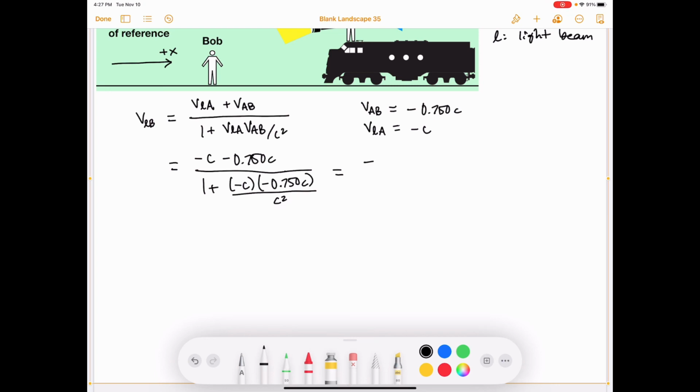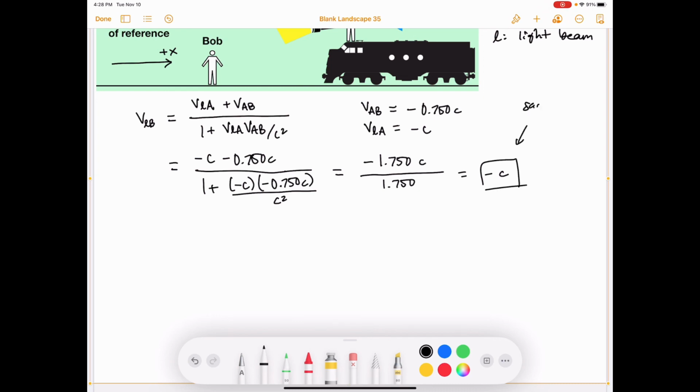We have c and then minus 0.750 c, so add that together, you get minus 1.750 c. On the bottom, well, we have 1 plus 0.750, so 1.750 on the bottom, which gives you minus c.